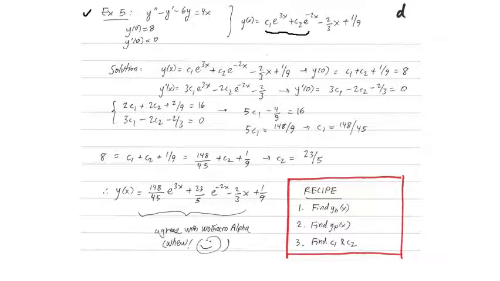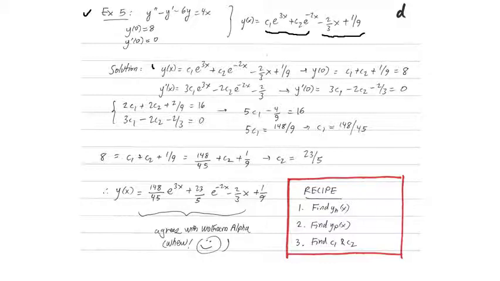So we have that homogeneous solution, and we came up with our particular solution in an earlier example. So the only thing left to do here is to plug in our initial conditions, which will give us two equations and two unknowns for C1 and C2.